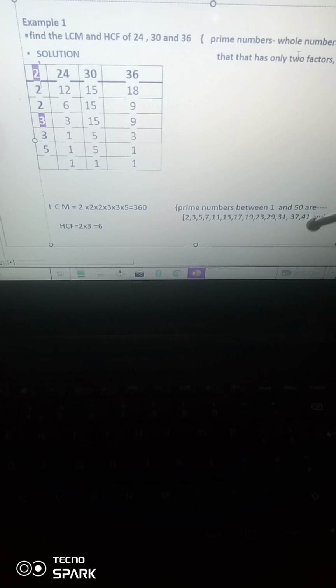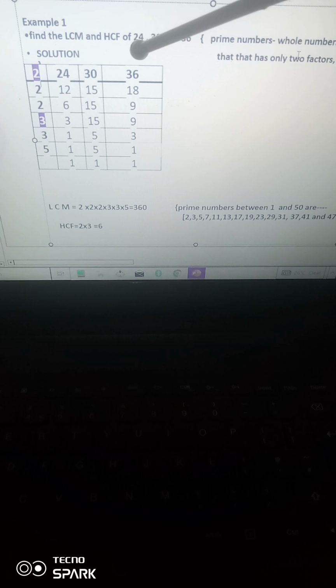These are prime numbers between 1 and what? 50. We are going to do division with the prime numbers, and we will always begin by using the least prime number. The first prime number is 2.